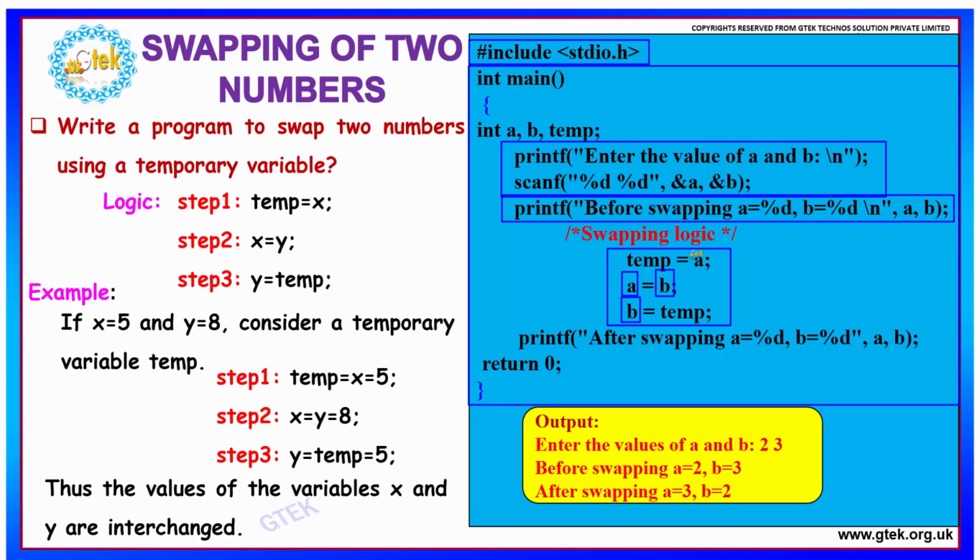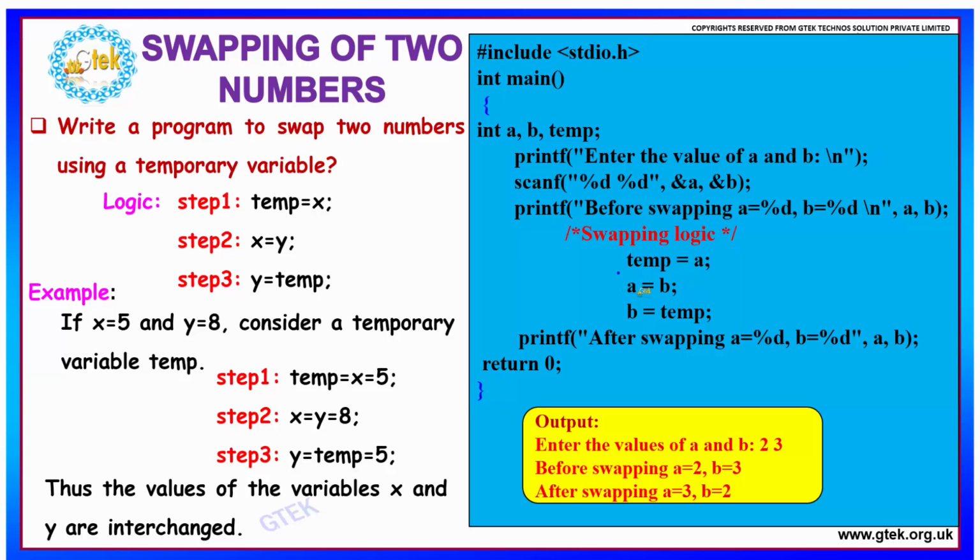As simple as that. Then we can simply display our value of a and b. That is done using a printf statement. Thus, we can display the swapped two numbers.